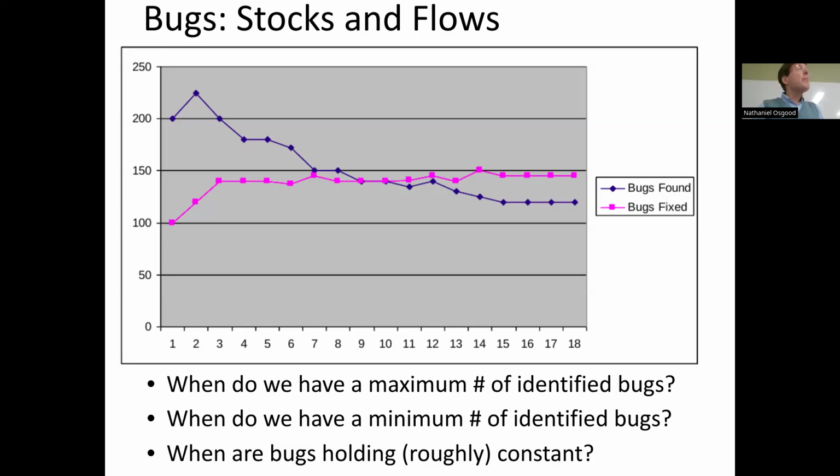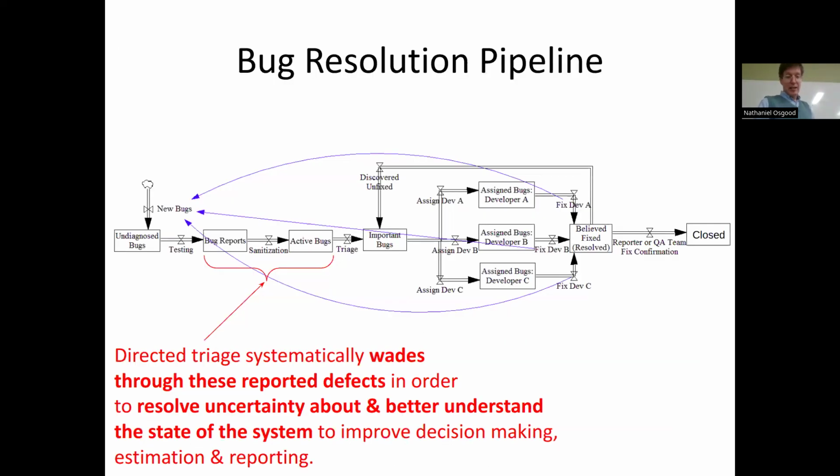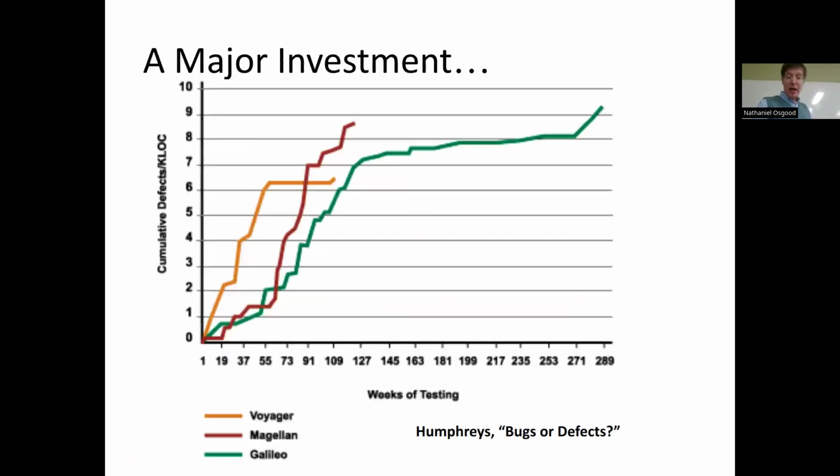So commonly in a project, the number of defects that have been found and not yet fixed is actually rising at first. You're finding things fast, and you can fix them. At some point, hopefully, things are starting to stabilize and you're keeping up with it.